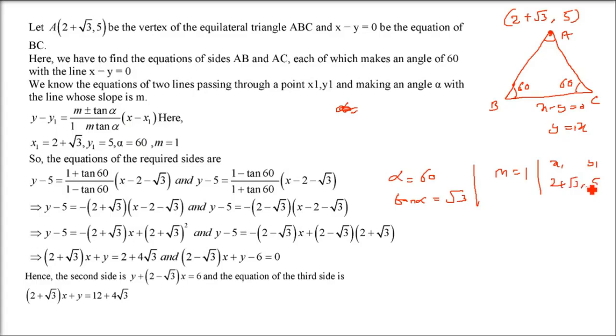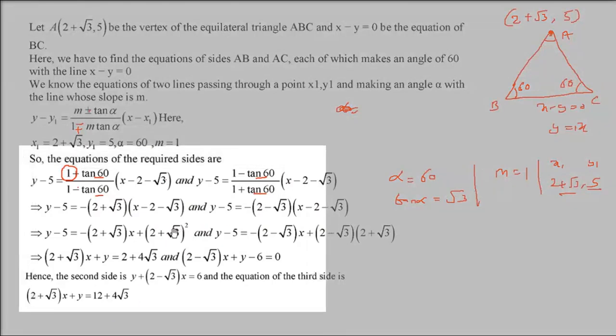So we know the equation now. y minus y1 equals m plus minus tan alpha by 1 minus plus tan alpha, times x minus x1, where y1 is 5 and x1 is 2 plus root 3. One time you take plus, one time you take minus. In place of m you put 1, and for tan alpha you put root 3 here.